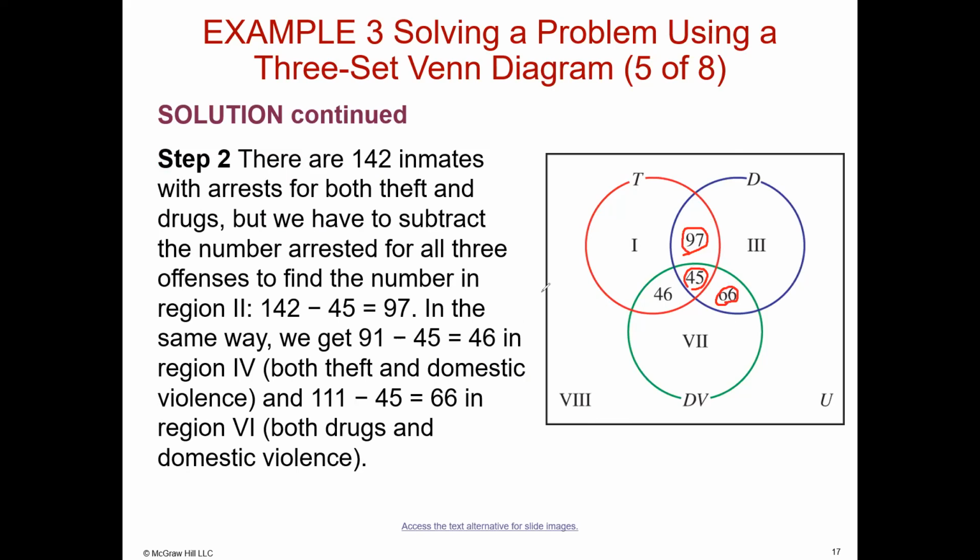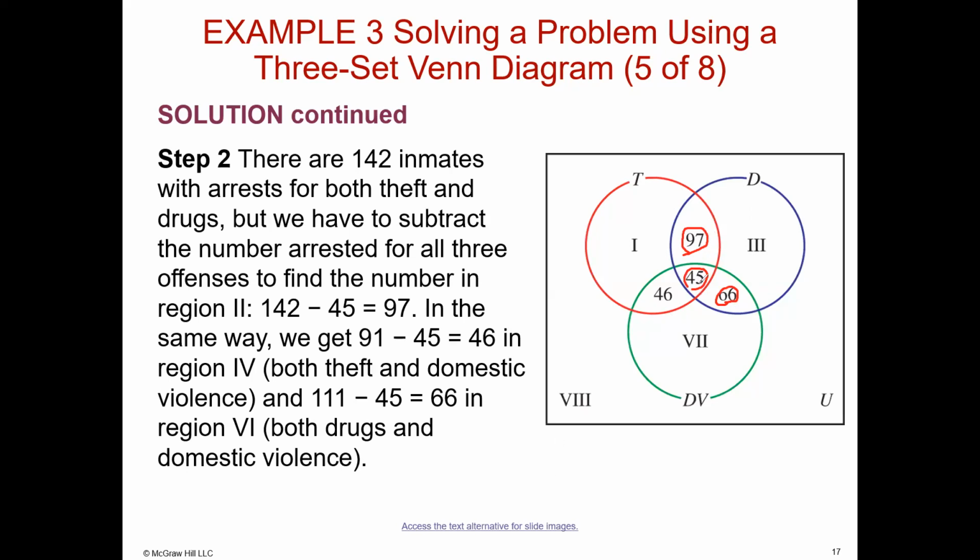So how many were for theft and drugs? 142. But we already accounted for how many of them? 97 plus 45 plus 66. You have to subtract 97 plus 45 plus 66 from 142.